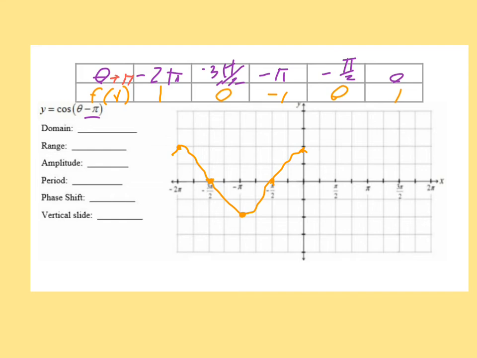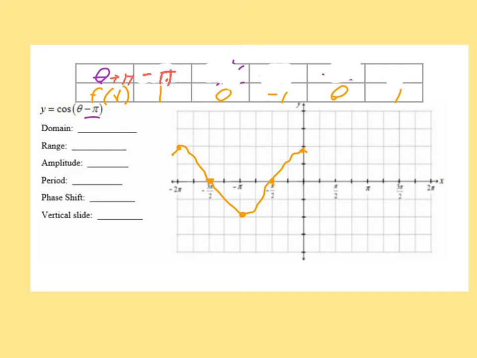So what was before, oh, it doesn't want to erase. Okay, so we're going to have to do things the harder way. Digital whiteout. All right. So what was before negative 2 pi is now going to be negative pi.